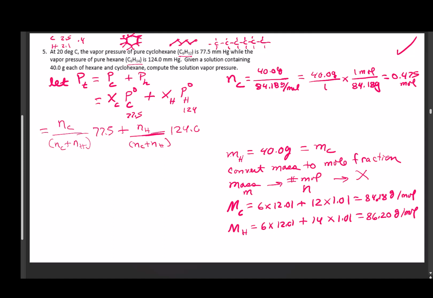Likewise, we can compute the number of moles of hexane. The algorithm, divide the mass by the molar mass. Or dimensional analysis.